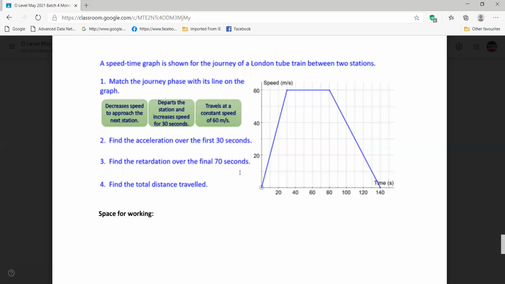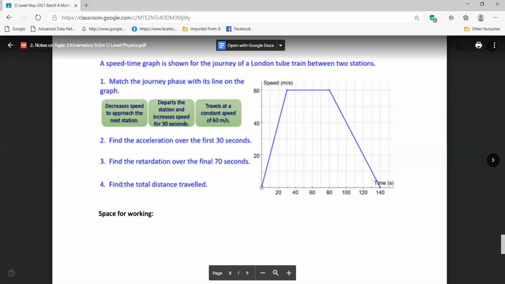The unit would be meter per second square, meter per second to the power minus 2. Then it would be 60 divided by 60, 1 meter per second to the power minus 2. Okay, very good.